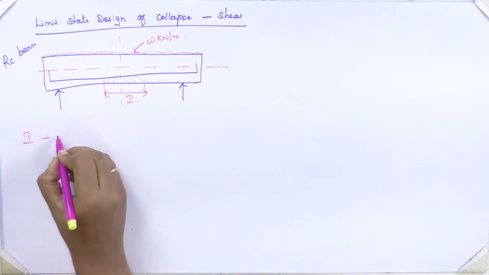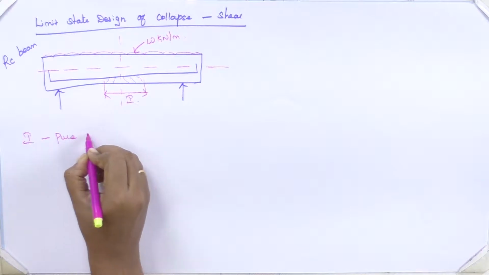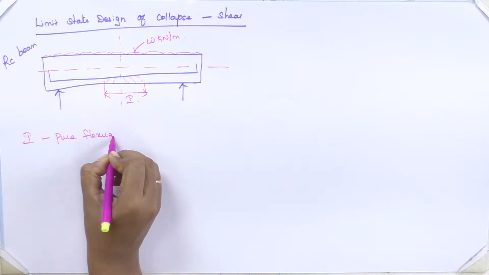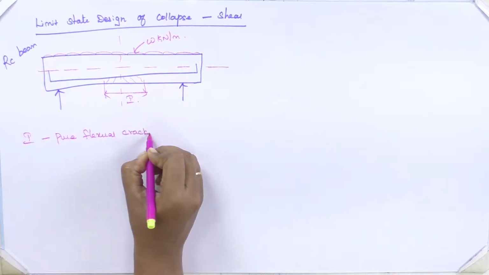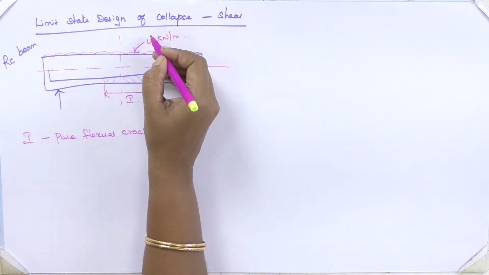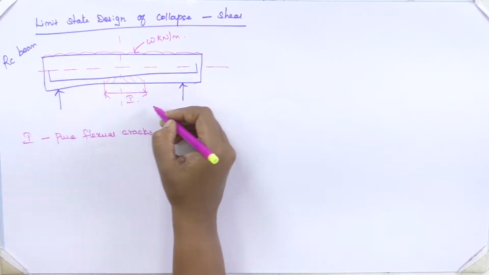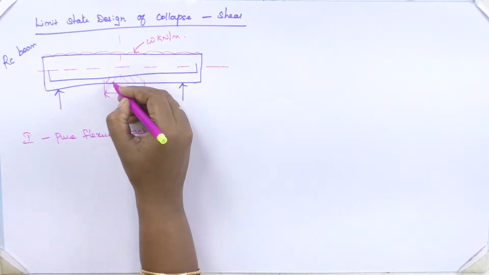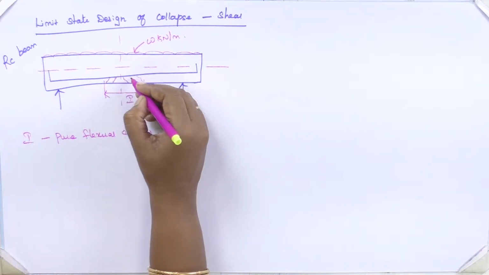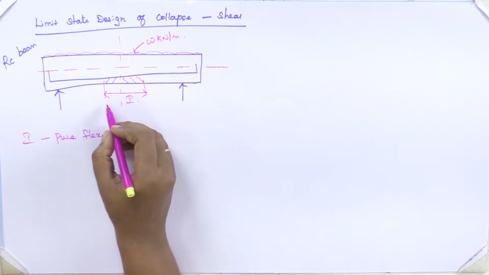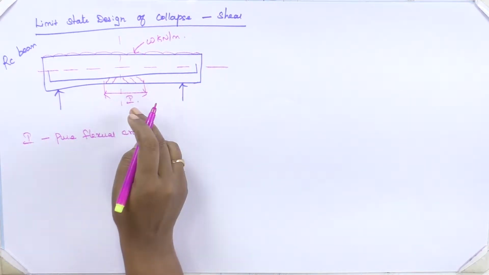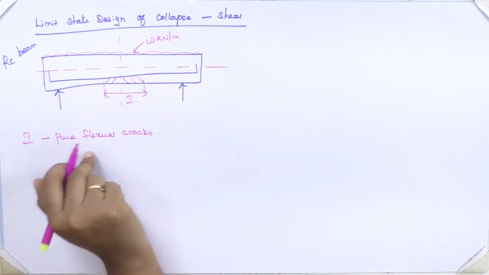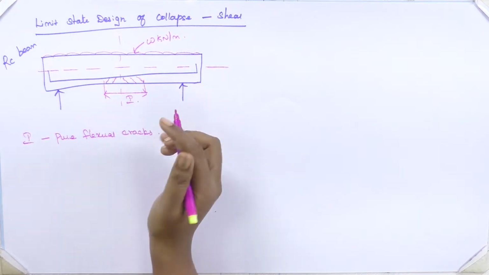Here 1 is nothing but pure flexural cracks. Due to the loading, it will be subjected to bending, so the concrete fiber reaches its ultimate level and gets cracked over here. This is called pure flexural cracks.